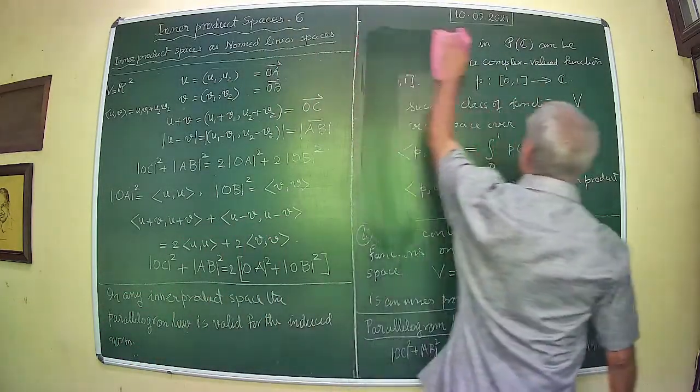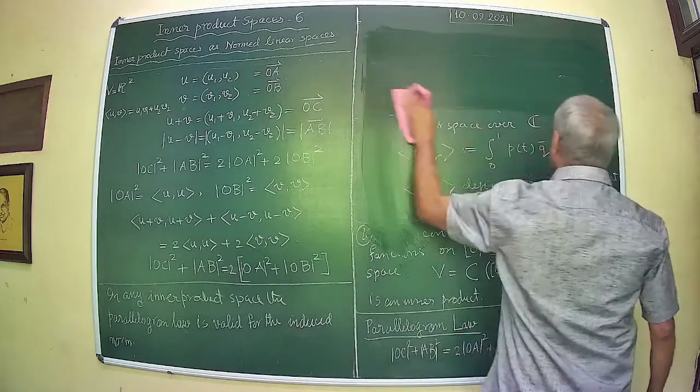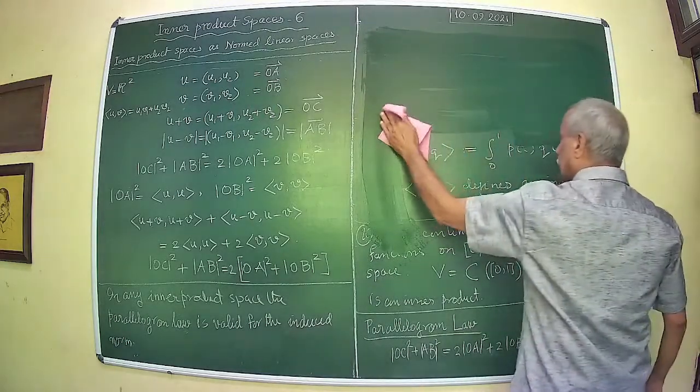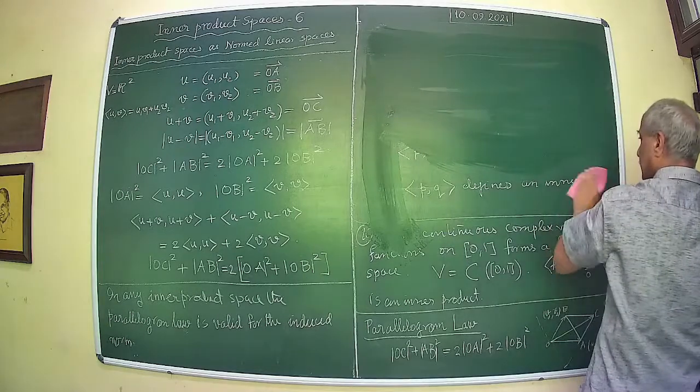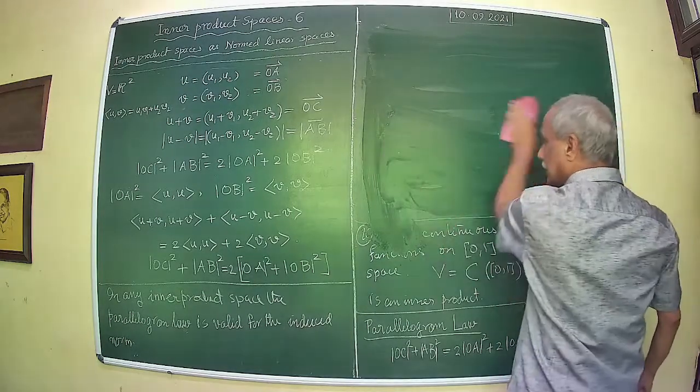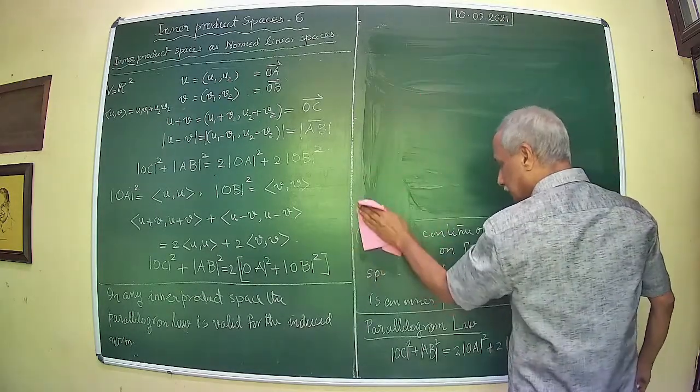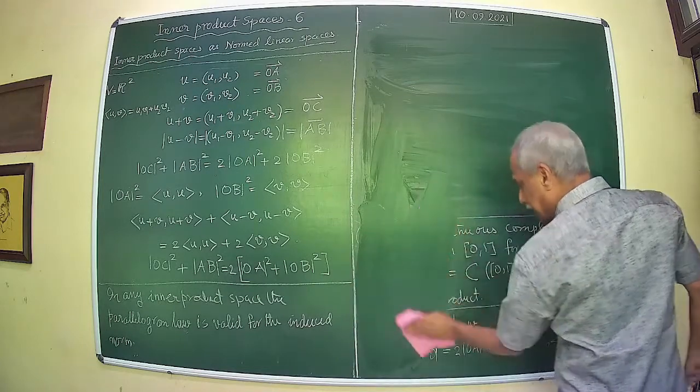We are now not bothering about the geometry of the space, or whether it is finite dimensional or infinite dimensional. All that we assume is that it is an inner product space.